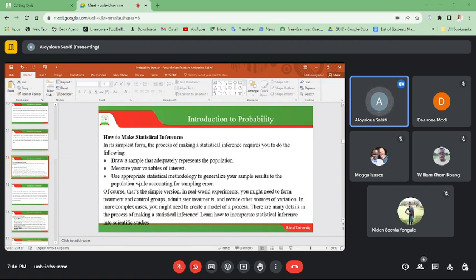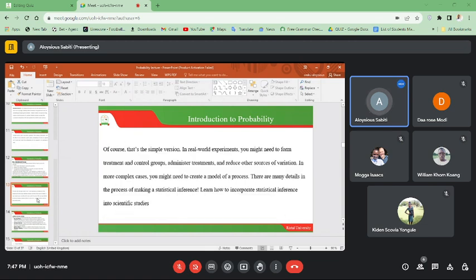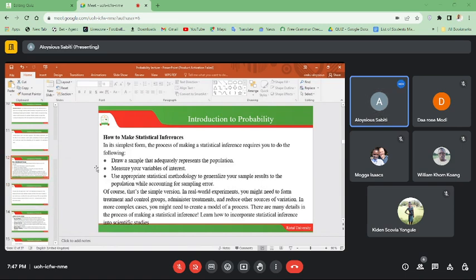So in more complex cases, you might even need to create a model of a process. There are many details in the process of making a statistical inference. So that is just the brief we want to discuss regarding statistical inferences.